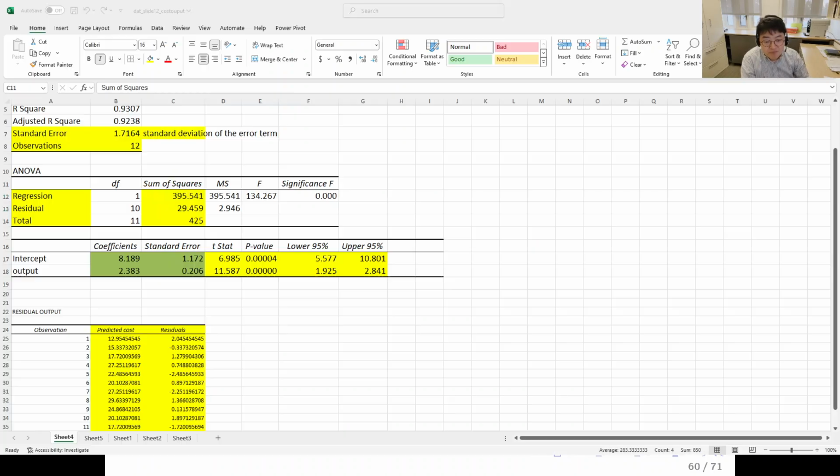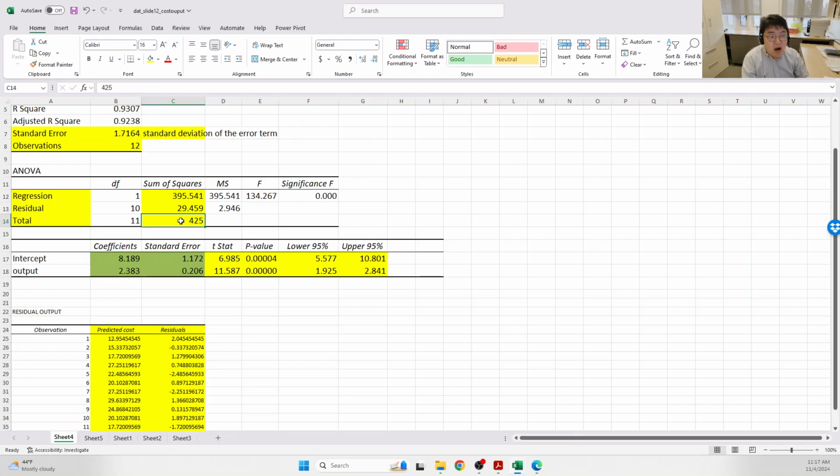Back in Excel, out of 425 variation, your regression model could explain 395. You can calculate the ratio, right? If you divide it, it is 93%.